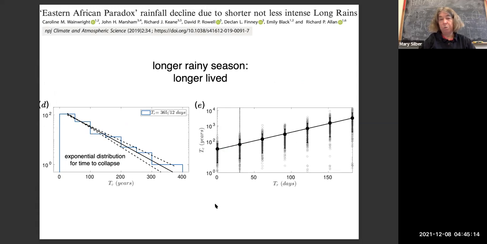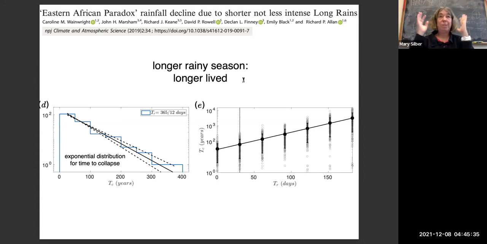I'll just show you, we've done a number of experiments. This is one that Lily spearheaded, where she looked at what happens if we change the length of the rainy season. So she had the exact same seeds for these.